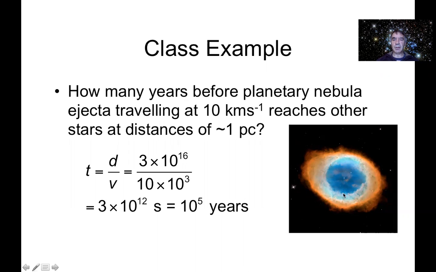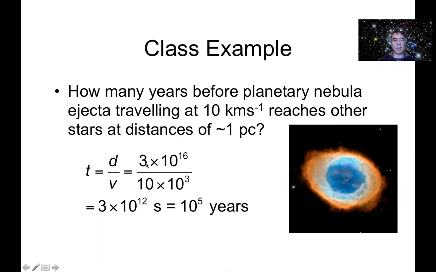So how long does it take for that material to travel a reasonable distance? For a reasonable distance, I'm just taking 1 parsec as the distance to the next star, if you like. This material is expanding at relatively moderate velocities for astronomical things, about 10 kilometers per second.